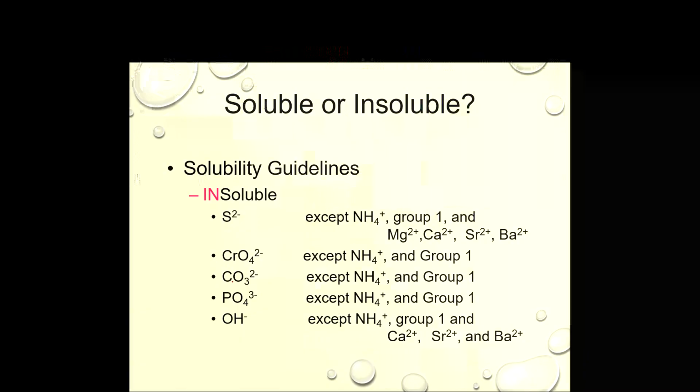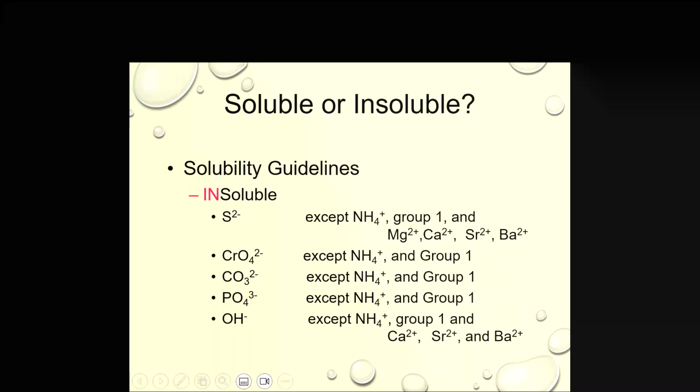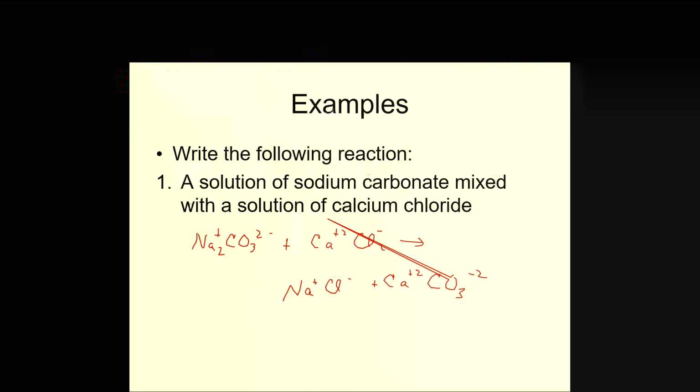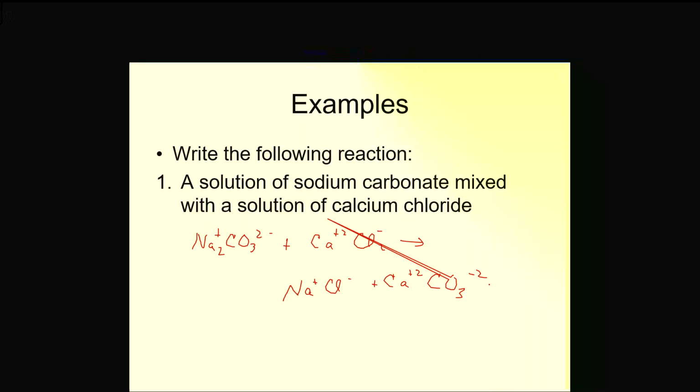Carbonates are insoluble except for ammonium and group 1. And right now we have calcium carbonate, so calcium carbonate is going to be insoluble. So this is my precipitate, and this reaction would occur.